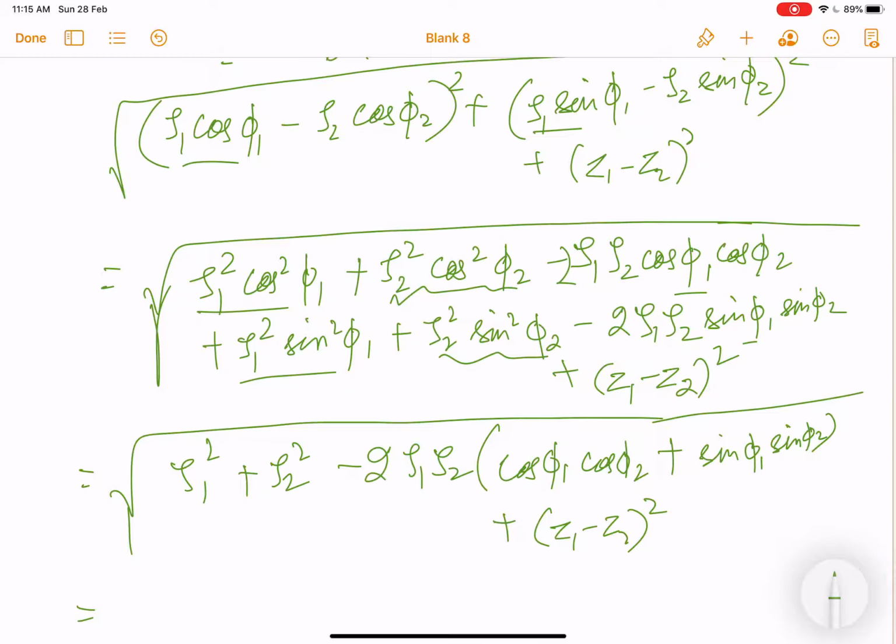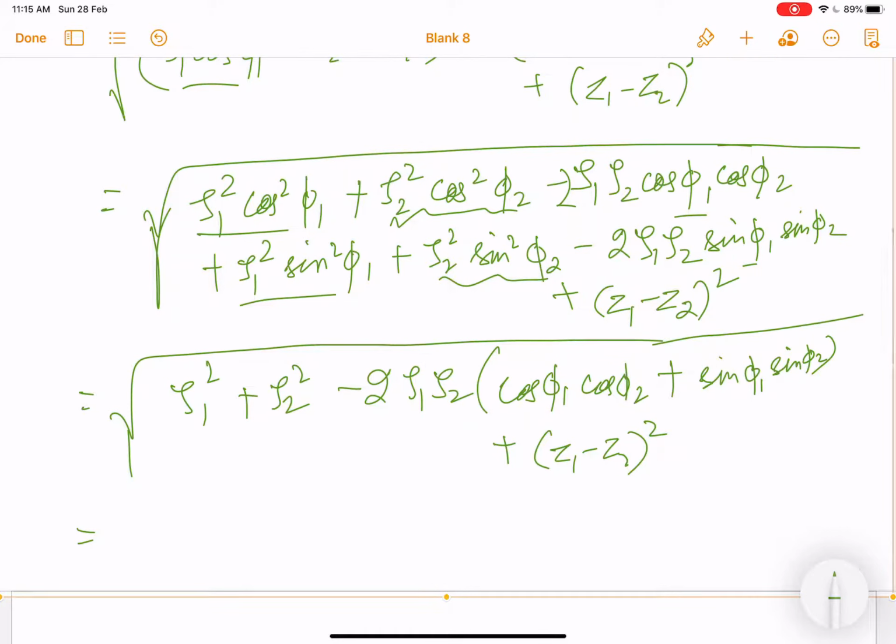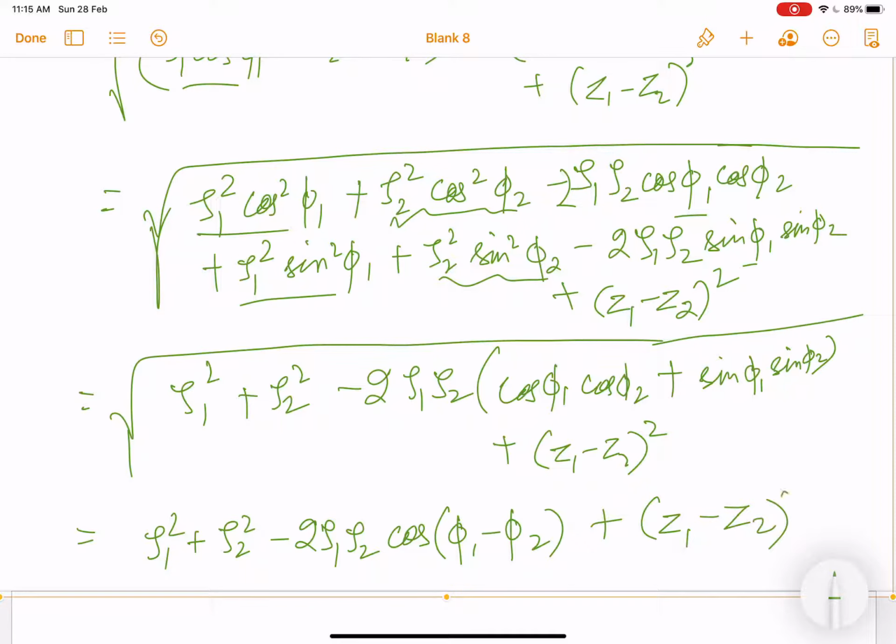This cos phi 1 cos phi 2 plus sin phi 1 sin phi 2, as you know, is cos of phi 1 minus phi 2. So I can write it like this: rho 1 square plus rho 2 square, minus 2 rho 1 rho 2 cos of phi 1 minus phi 2, plus z1 minus z2 whole square.